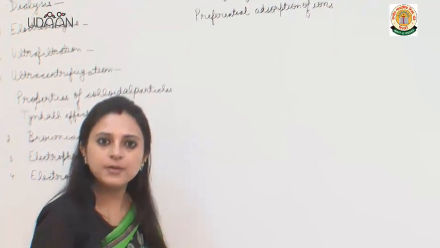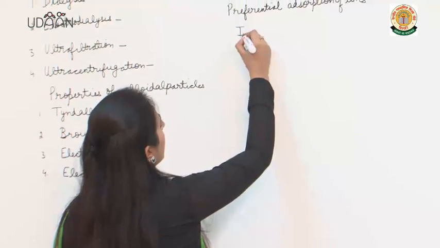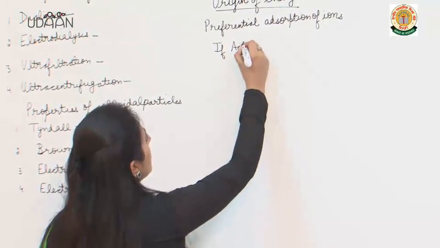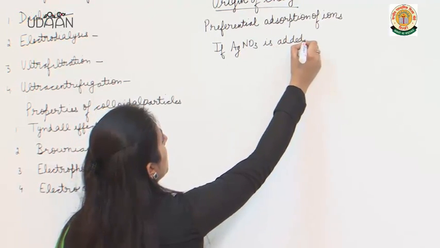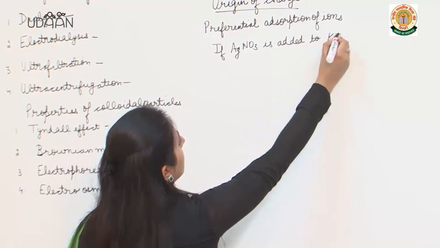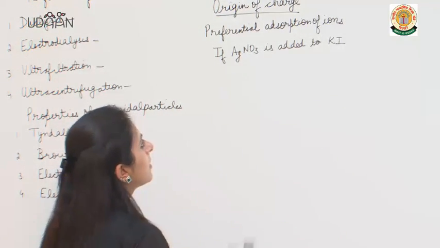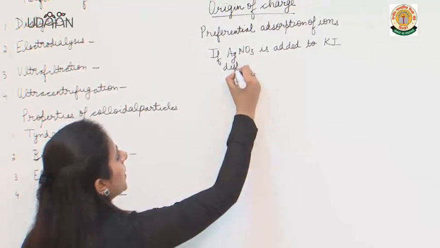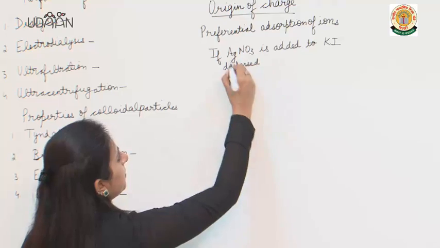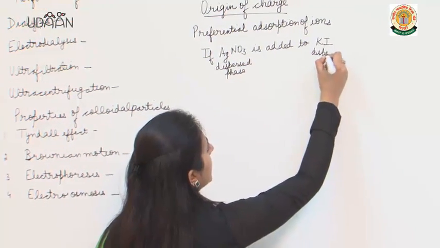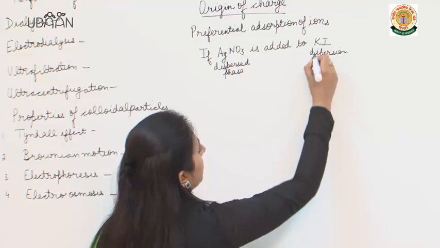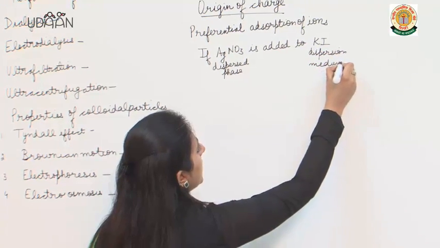Now, what happens if AgNO3 is added to KI? That means this is the dispersed phase here, and this is the dispersion medium here. What will happen?